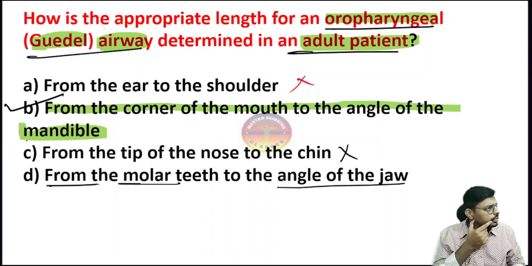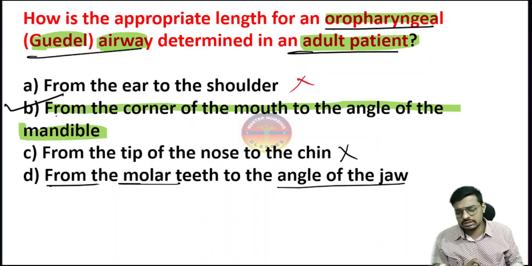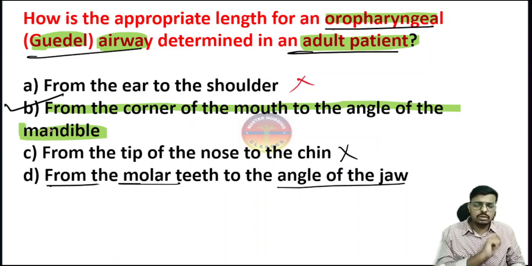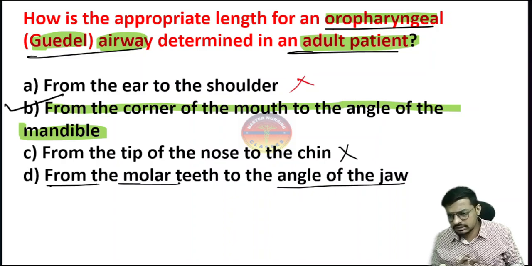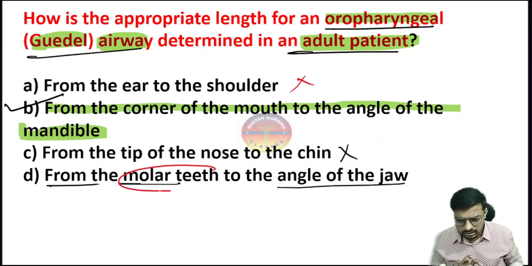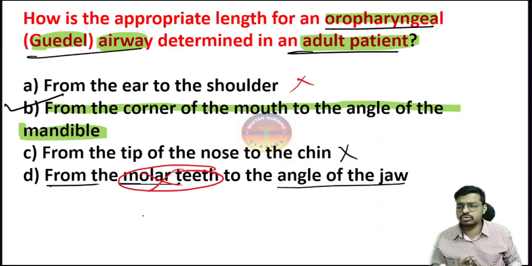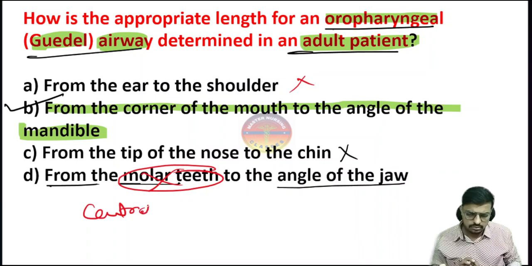From here to here we have to measure. This is the correct answer. Another technique is from the central incisor to the angle of the jaw. But in option D they are telling from the molar teeth. I would have chosen this answer if they had given the central incisor teeth.